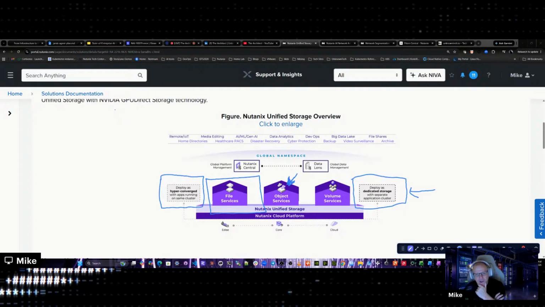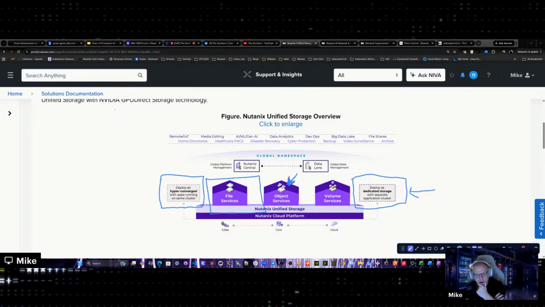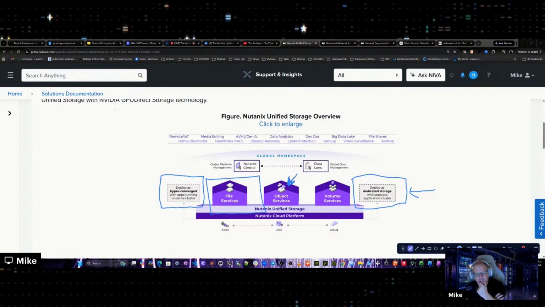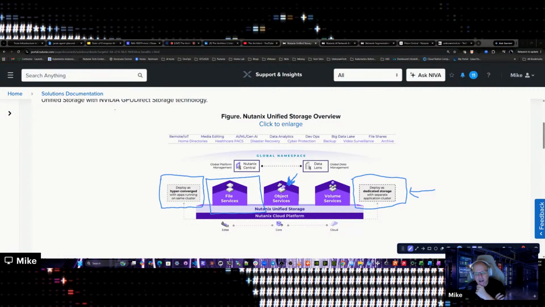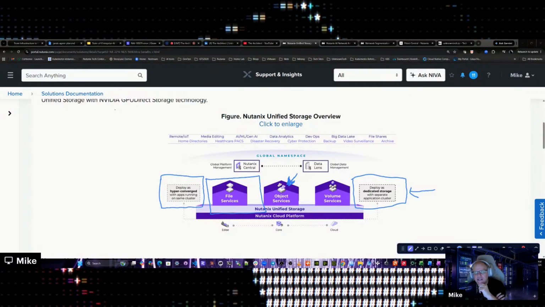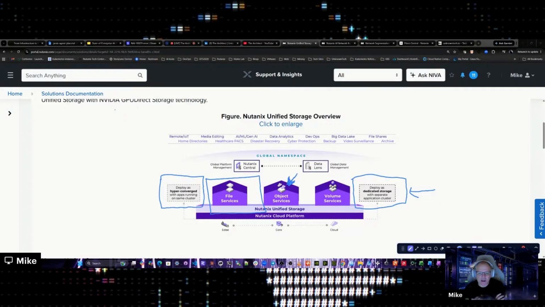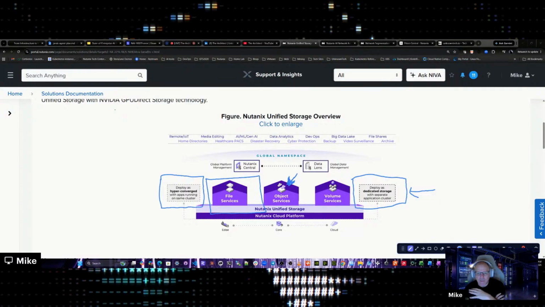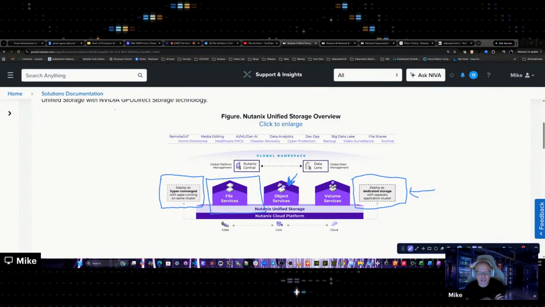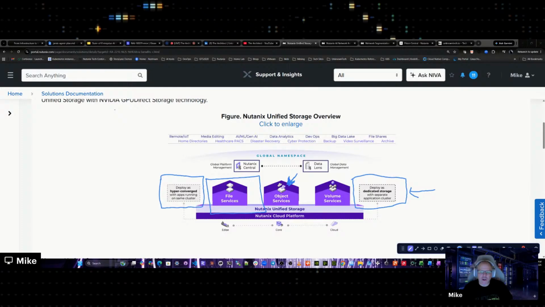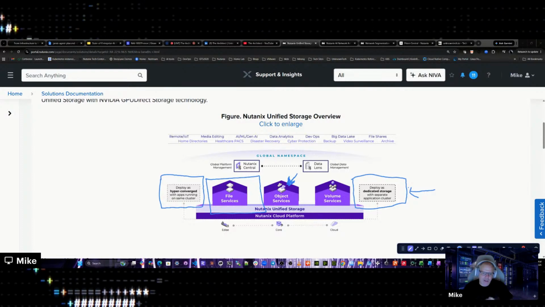There are solutions in there where you had Nutanix Unified Storage, NUS, running on the management cluster. That's doable in specific entry-level AI use cases. But when you start looking at inference at scale, agentic inference at scale, all of those things, you're going to want to deploy a dedicated storage cluster.